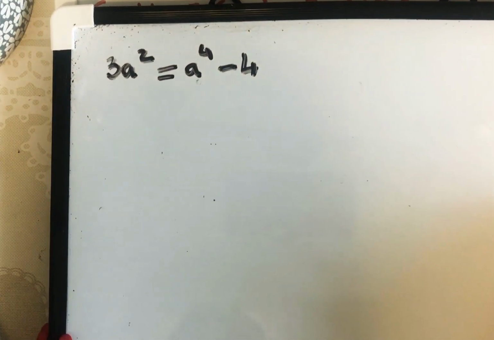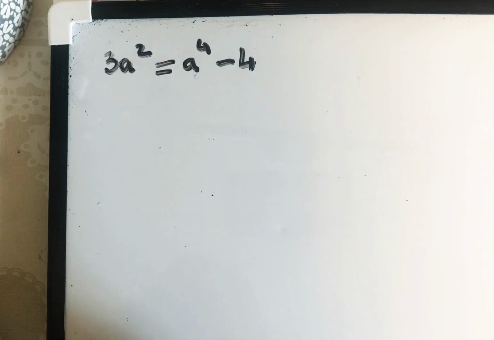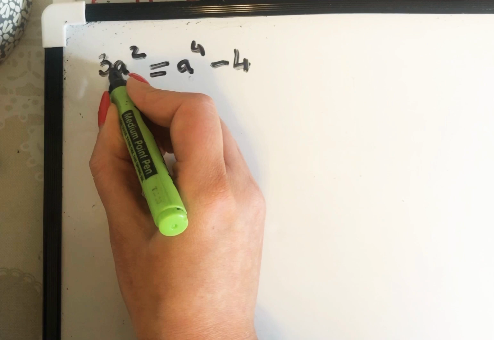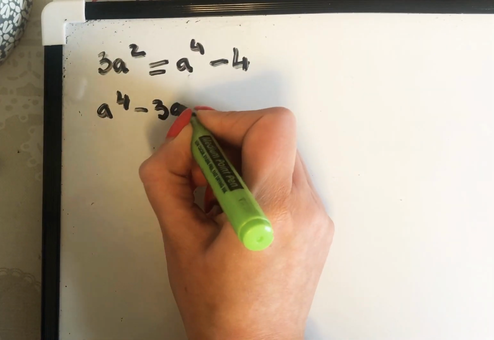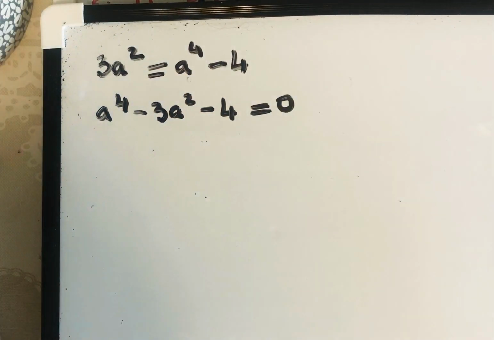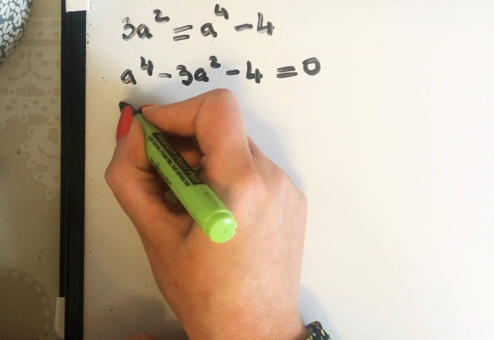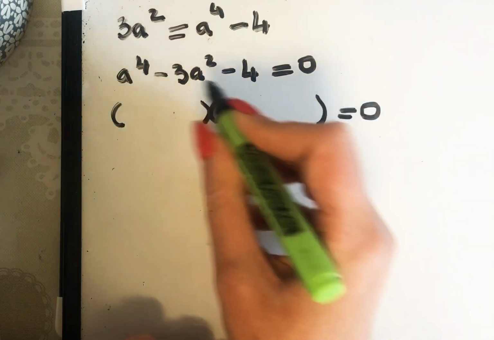So let's now simplify this equation by putting the highest power first. So we have a to the power of 4, we'll bring our 3a squared across, and when we do that it goes to a negative: a to the power of 4 minus 3a squared minus 4 equals 0. So let's open up two brackets now and solve. How do we get a to the power 4?